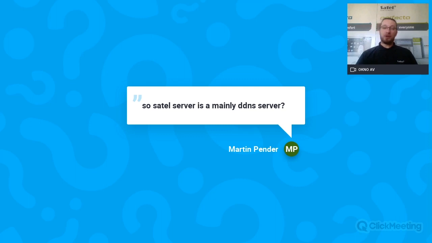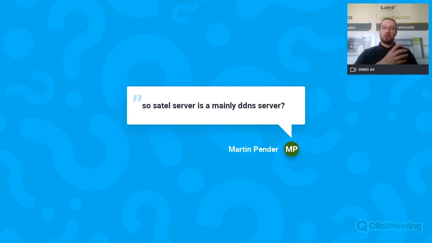So it means that every, for example, 24 hours, the IP will change, but there is an IP. That's why DDNS solved this issue. But SATEL server is not a DDNS server. It works a different way: you don't need a public IP address at all, and you will still be able to connect. In general, it works like this.